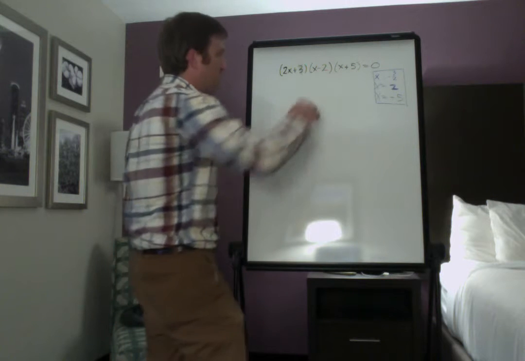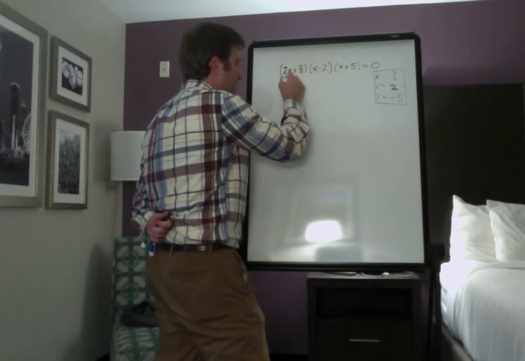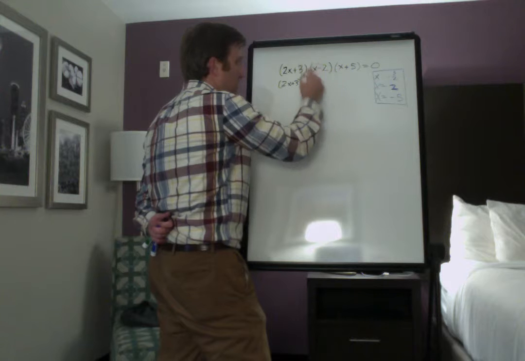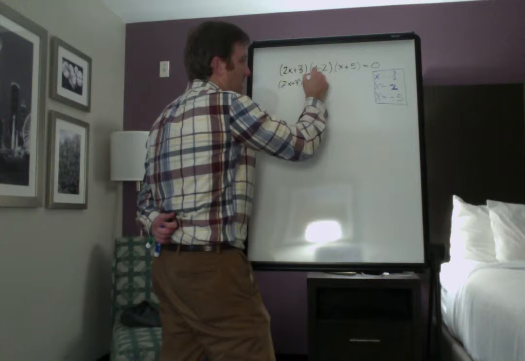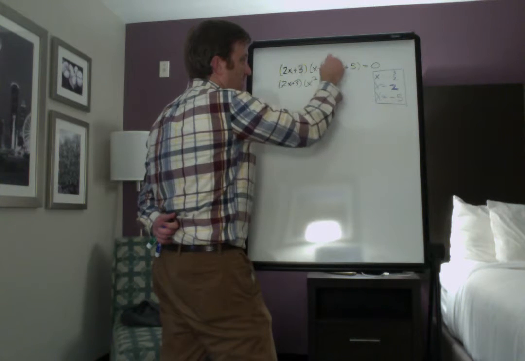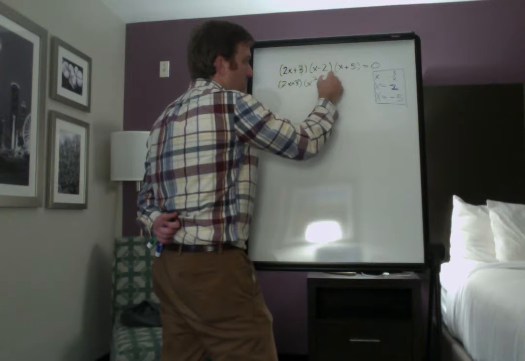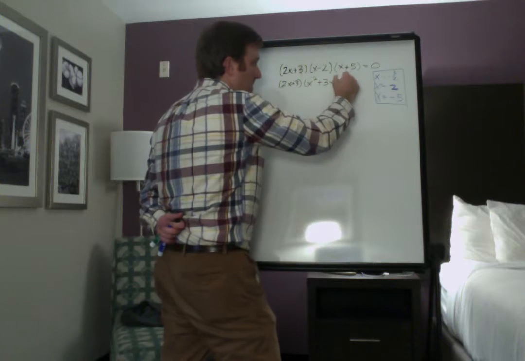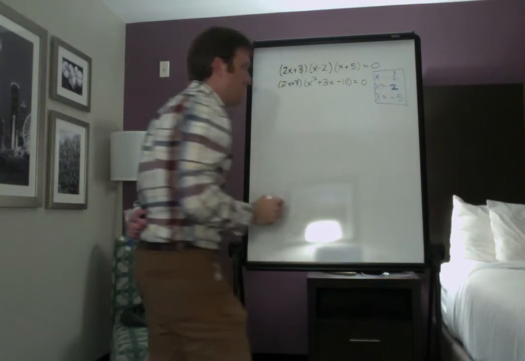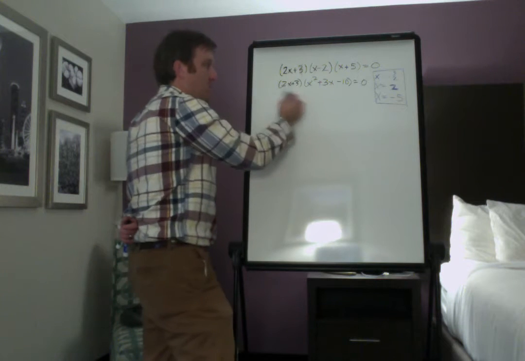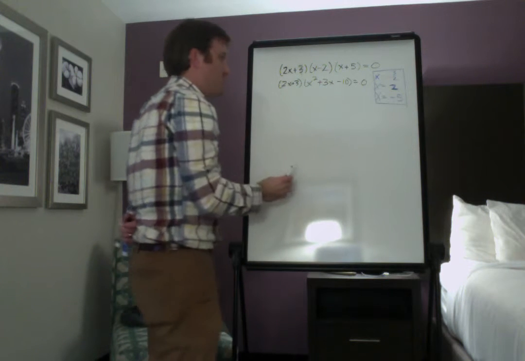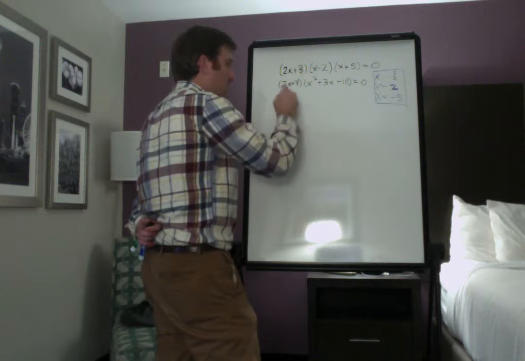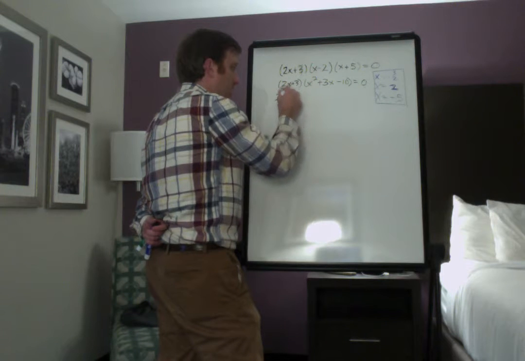Okay? So first I'm going to multiply these two, so I'll have 2x plus 3 times x squared plus 5 minus 2 is plus 3x, minus 10 equals 0. Okay? Now I'm going to multiply this binomial times this trinomial. So I'm going to have 2x times x squared is 2x cubed.